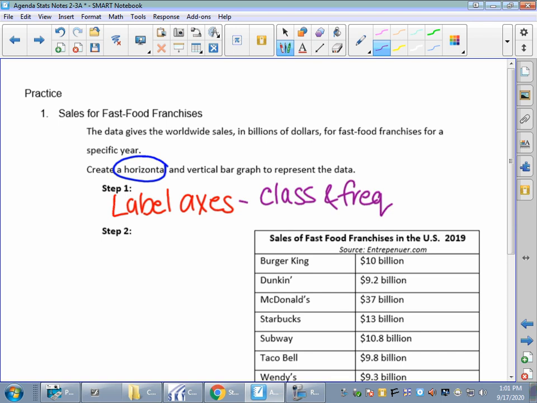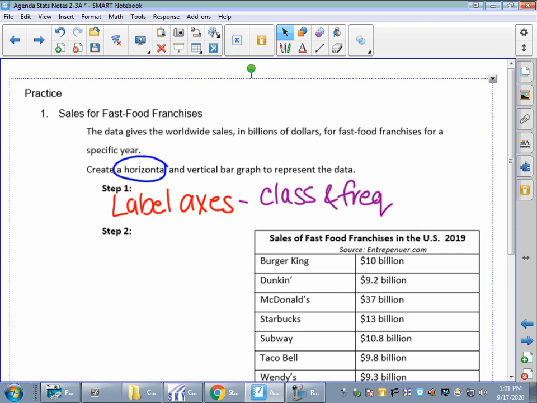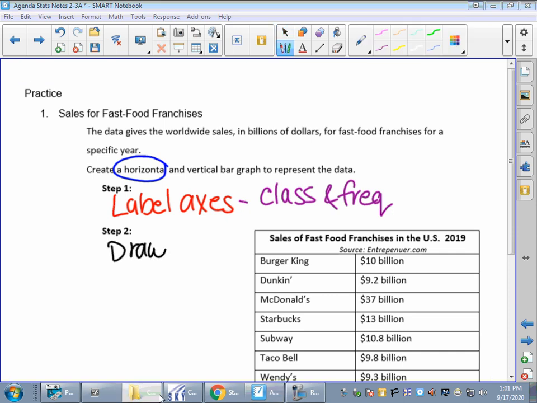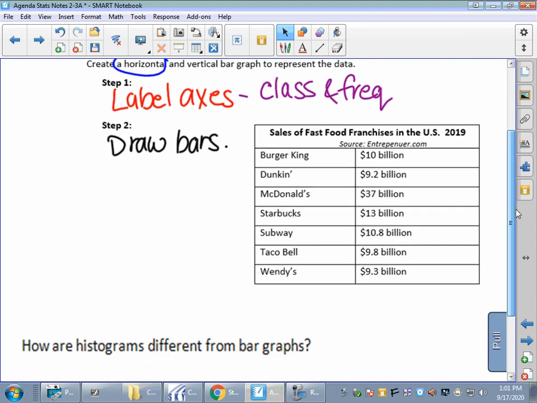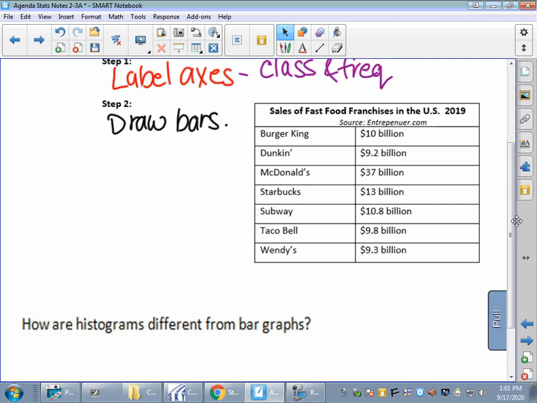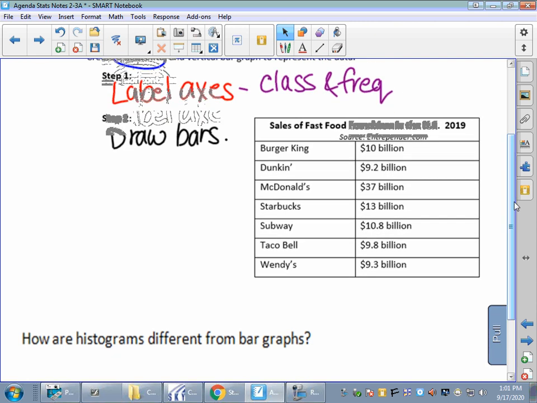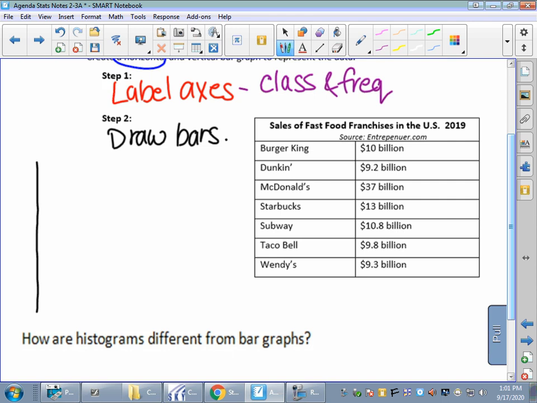And then you're just going to draw your bars corresponding to your data. We'll keep it simple and sweet. If we are going to make a horizontal bar graph, our bars are going to be horizontal, not vertical.